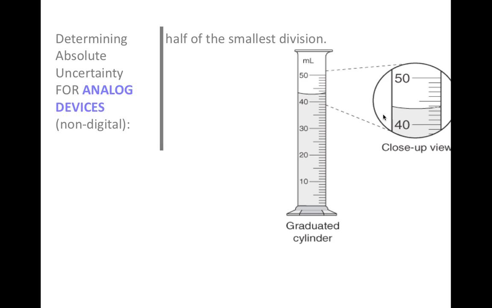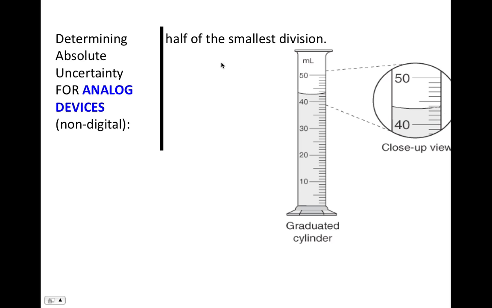So when we are trying to determine absolute uncertainty for any devices that are called analog, and analog is a non-digital device, we are going to be taking half of the smallest division. Going back over here, we see that each small line is 1 milliliter.